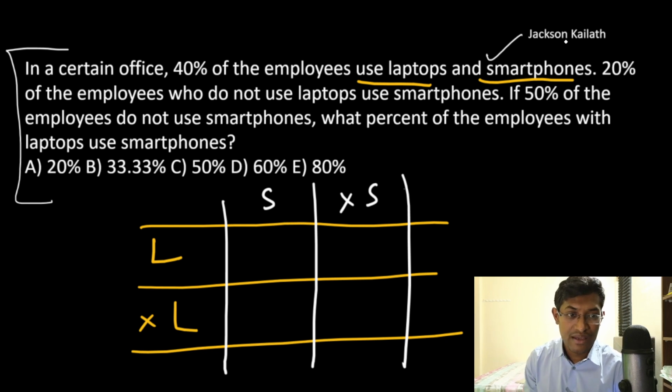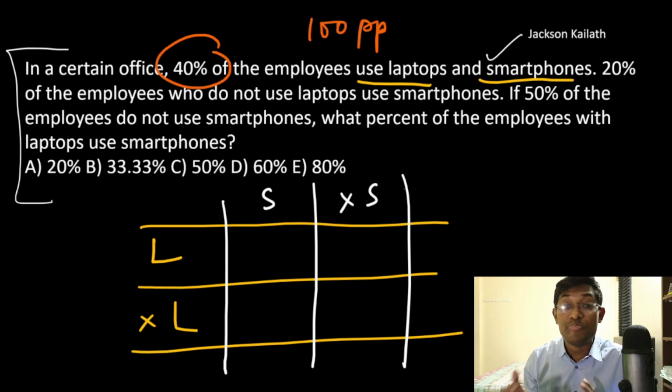So let's proceed. It's given that 40% of the employees use laptops and smartphones. So again, we have percentages over here, and it's easier if we just convert this to numbers. Let's just assume that there are 100 employees in this office. Now it should work for 100 employees because notice the answer options are also in terms of percentage.